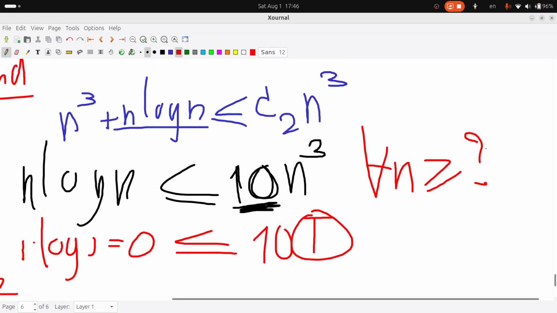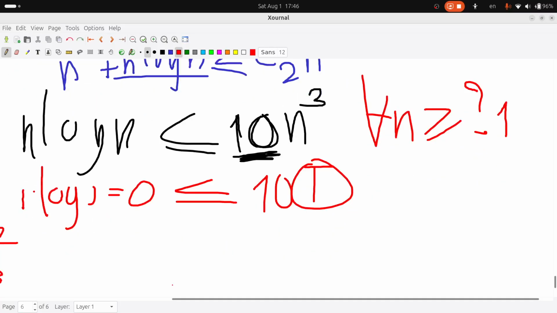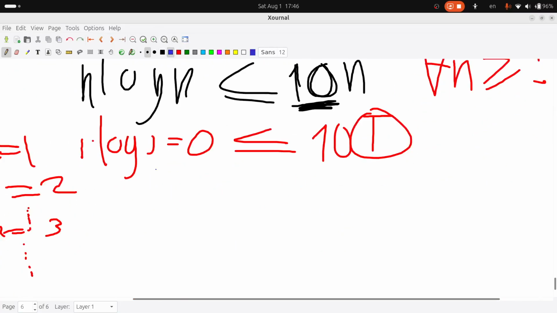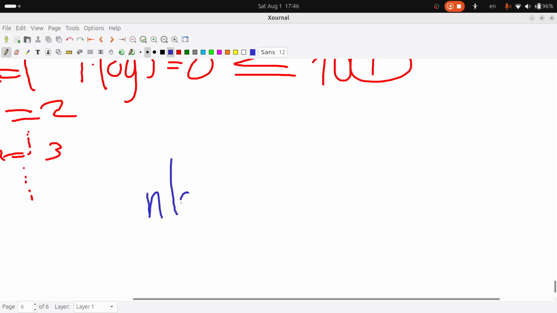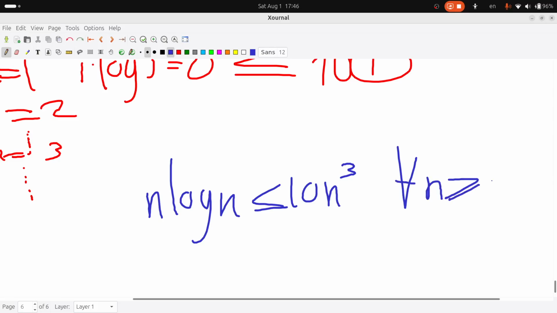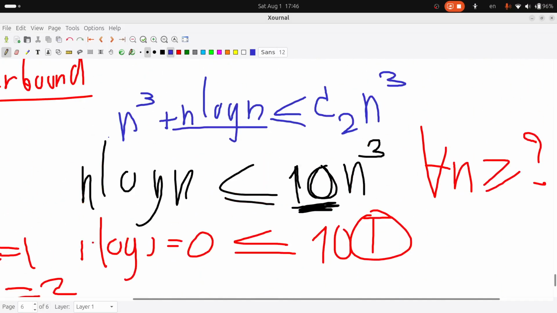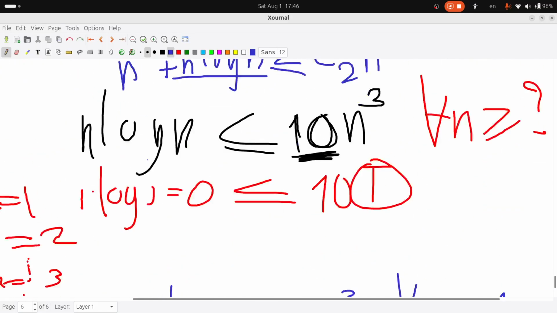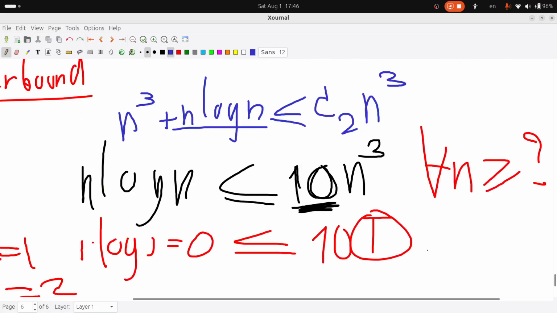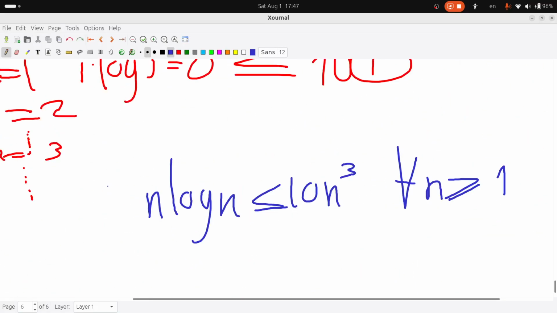So we can make the starting point n greater than or equal to 1, and say that n log n is less than or equal to 10 n to the power of 3 for all n greater than or equal to 1. This is the starting point, and we add both sides by n to the power of 3 to make this inequality the same as the top one.